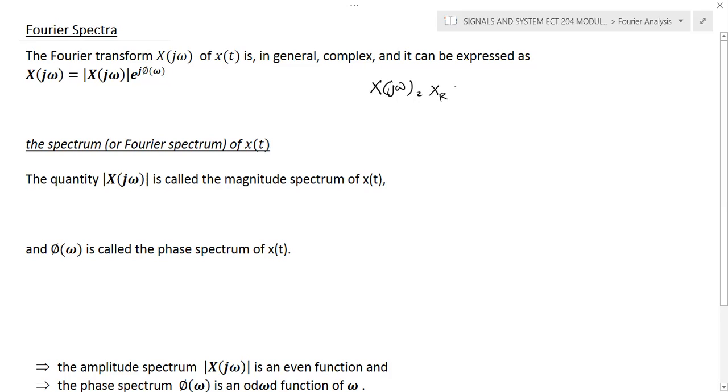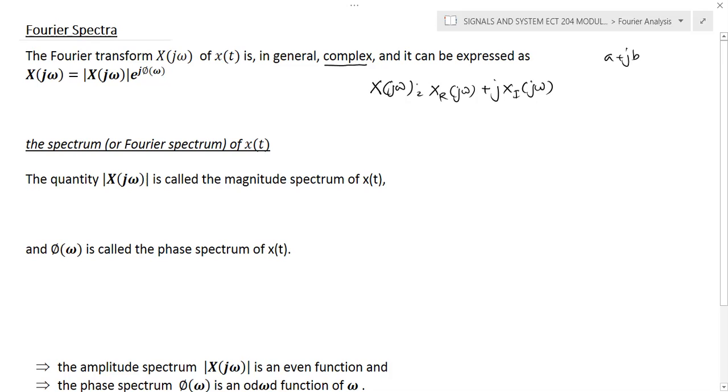The Fourier transform X of j omega is normally a complex value, so it will be something like a plus jb. That's why it's written X_R of j omega plus j X_I of j omega. So it contains two parts, real part and imaginary part.